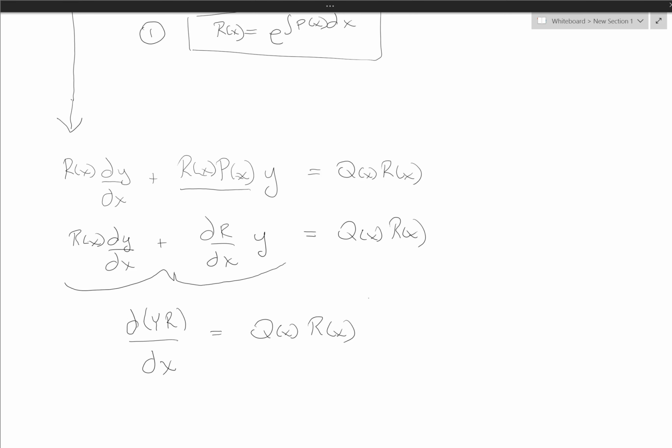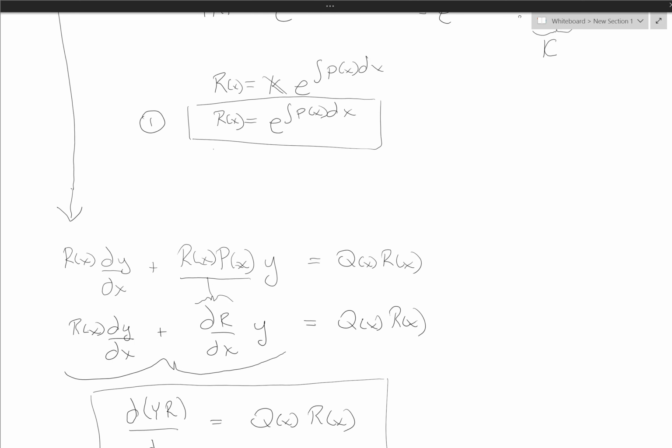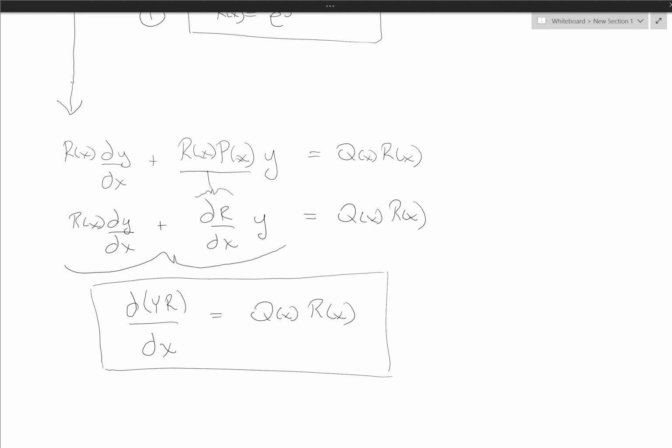You can use this as a formula if you like. And this will remind you that what happened was that you simplified using the integrating combinations, by forcing r(x) p(x) to be equal to dr/dx, by choosing r using equation 1, you've simplified your differential equation to this form.